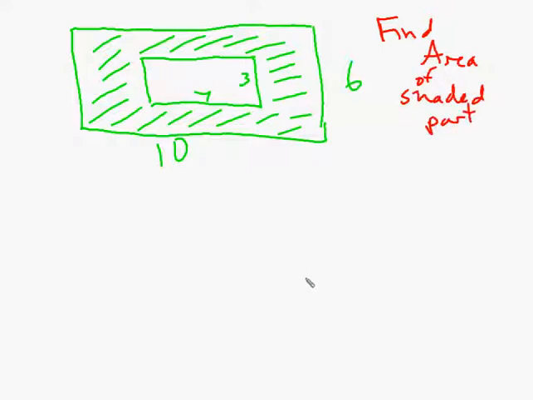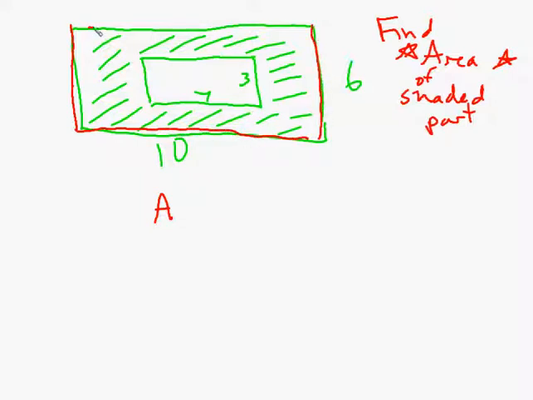Yes, this is a 7 right there on the smaller one. So I have this spot in the middle that is not shaded in, so I don't want that piece. So I'm going to find the area of the entire thing. If I find the area of this part right here, that's actually going to be including this piece in the middle. So I have base times height, and I do 10 times 6, and I get 60.